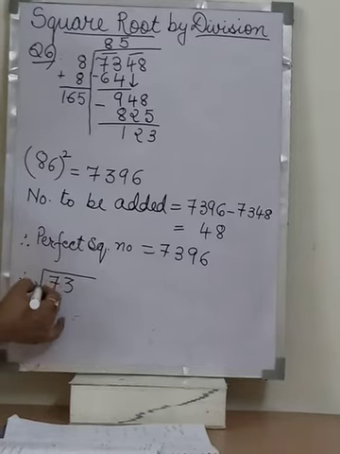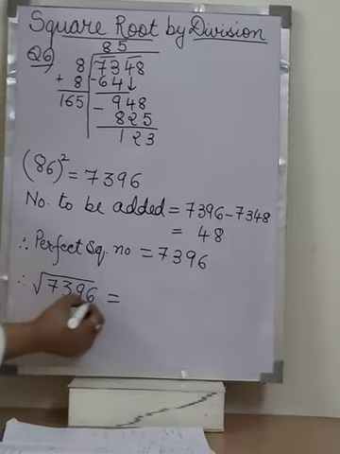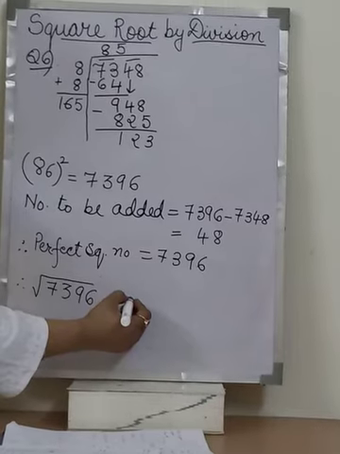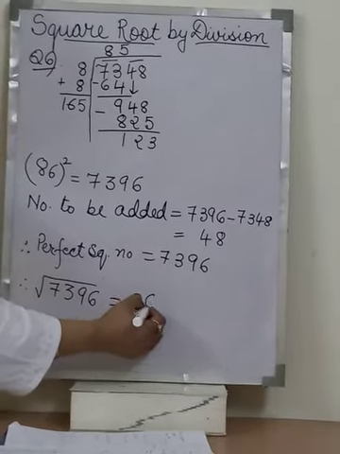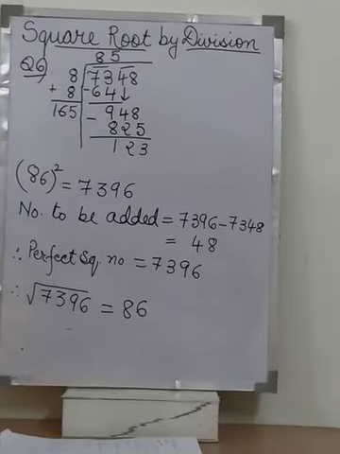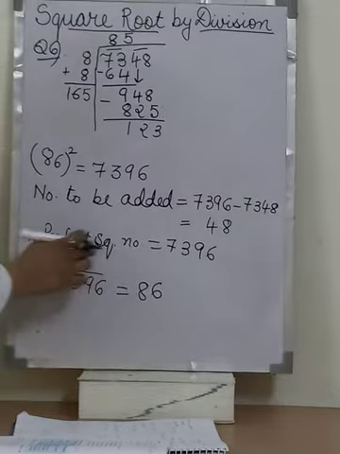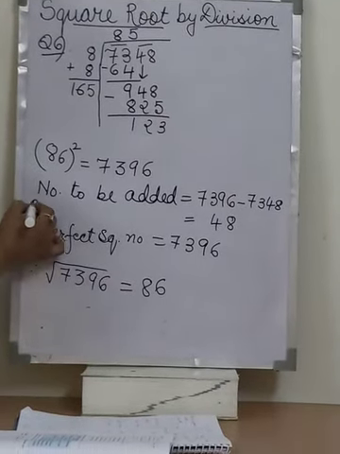This symbol shows the square root, and the square root of 7396 is 86, as we calculated above. Okay children, this way you are going to write your answer. See, this is your resulting perfect square number.